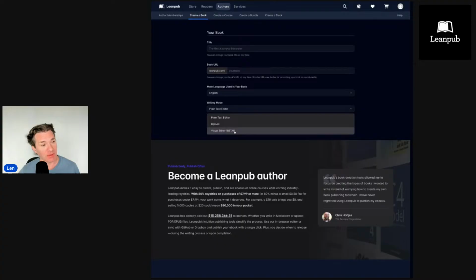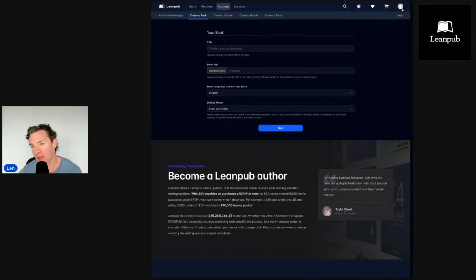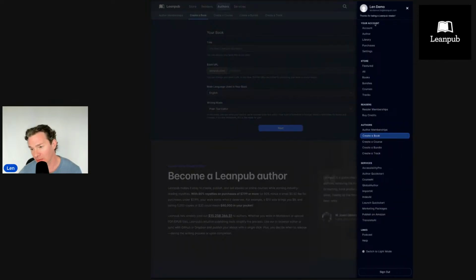We'll do a big announcement when this is not beta anymore. But that's going to be a very interesting feature. Basically a new way to write books, which is going to be, from most people's perspective, an easier way to write books on Leanpub. Yeah. So there we go.